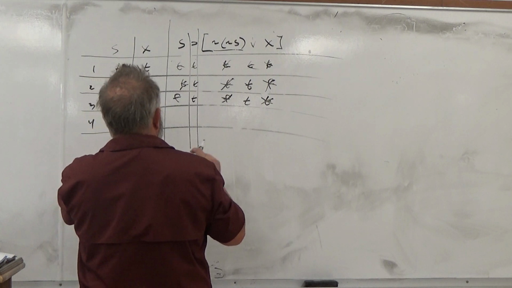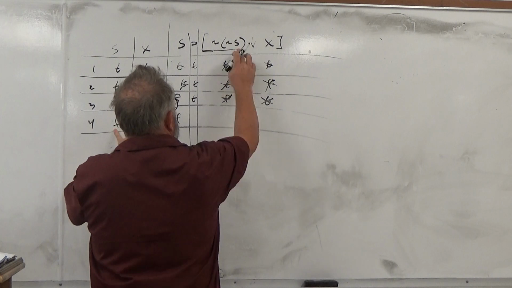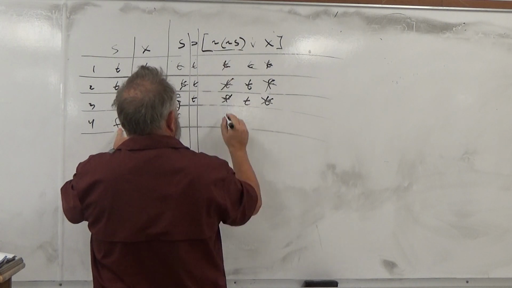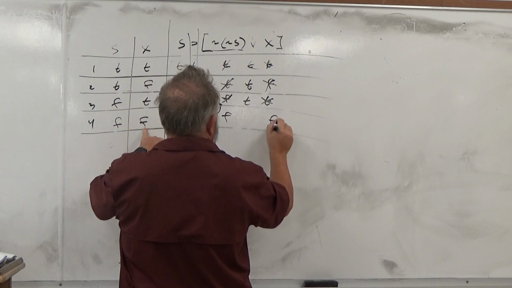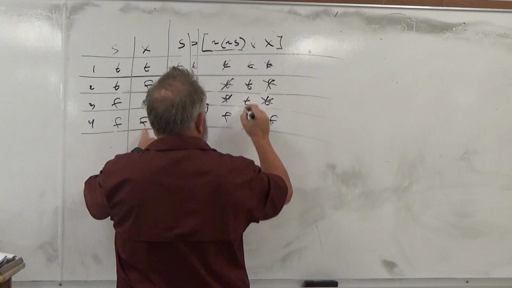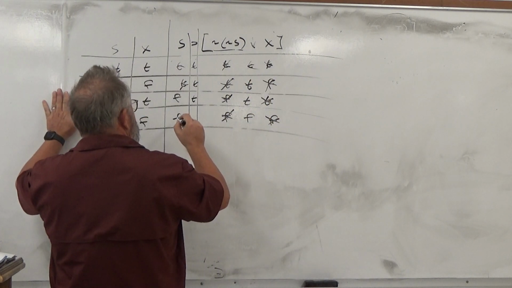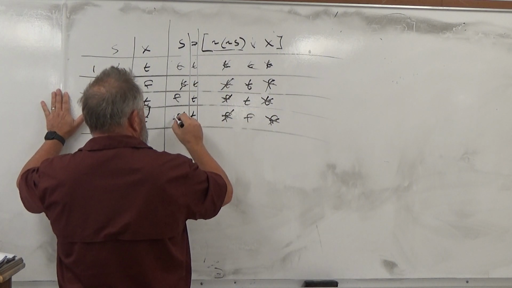So here, S will be false. S is false, so not S is true, but not true is false. And X on this line is false, so we have false or false, which is false. So our final calculation is false then false, which is true.